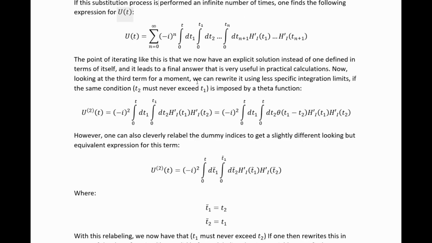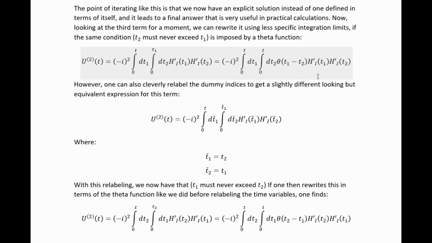Now, looking at the third term for a moment, we can rewrite it with less specific integration limits if the same condition maintained by the specific integration limits is imposed by a theta function, a step function, specifically the Heaviside theta function, and the specific condition is, as I said above, t2 must never exceed t1. Doing that gets us here. However, because the integration variables are dummy variables, one can cleverly but ultimately trivially relabel them.